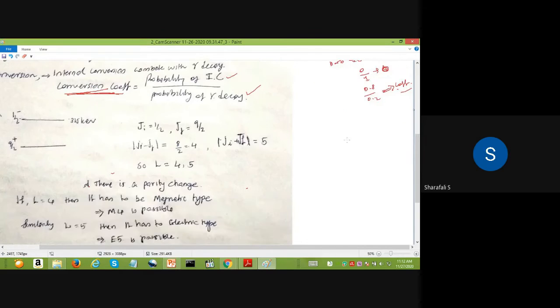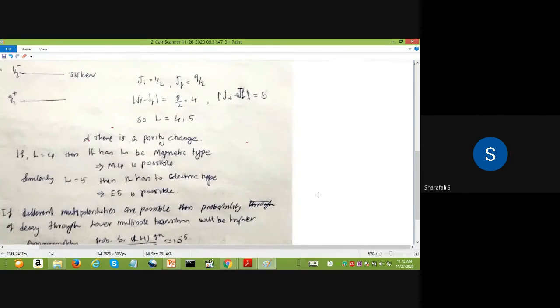Okay. Now let's consider another example of how gamma decay processes happen. In this case, the excited state has spin 1/2 minus, and the ground state has 9/2 plus. From this we can say that Ji, the initial state angular momentum, is 1/2, and Jf has an angular momentum of 9/2.